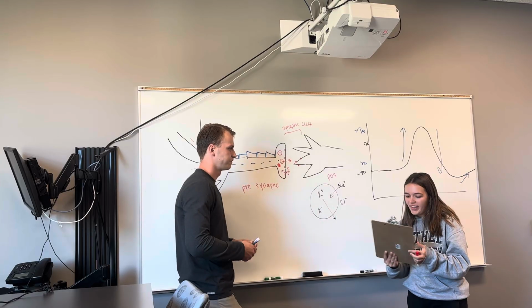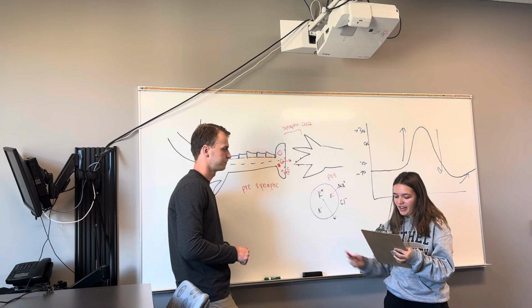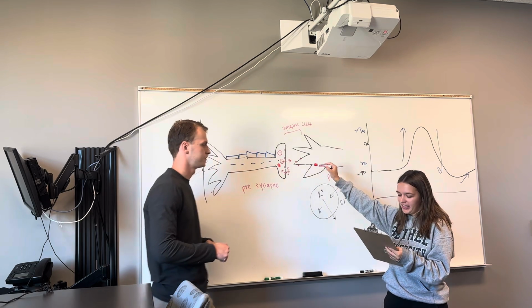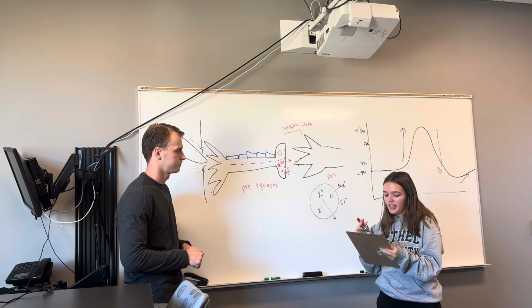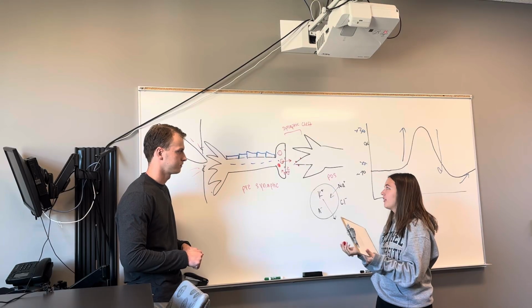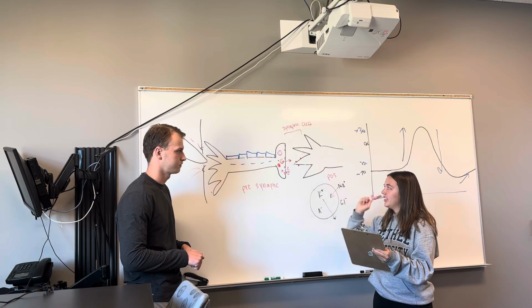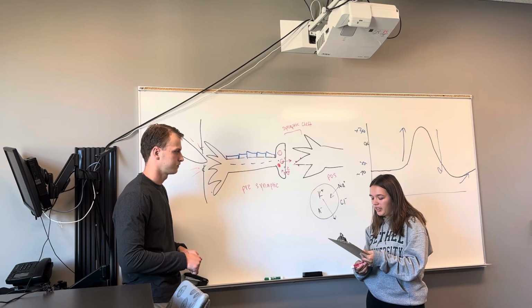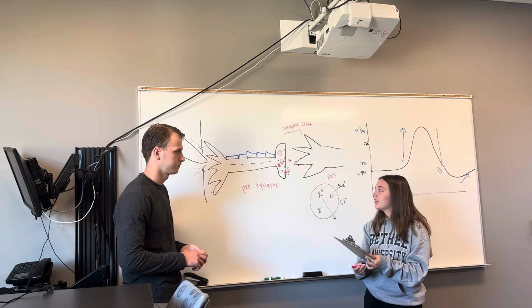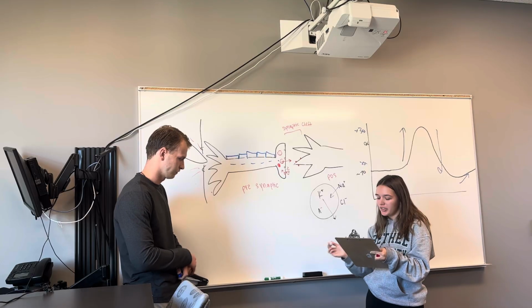Yeah. And then, so we have these neurotransmitters that are on the neuron, and basically we don't want those to be there forever, because then it would just continuously send that action potential. So there are some ways that the neurotransmitters are eliminated from those receptors.